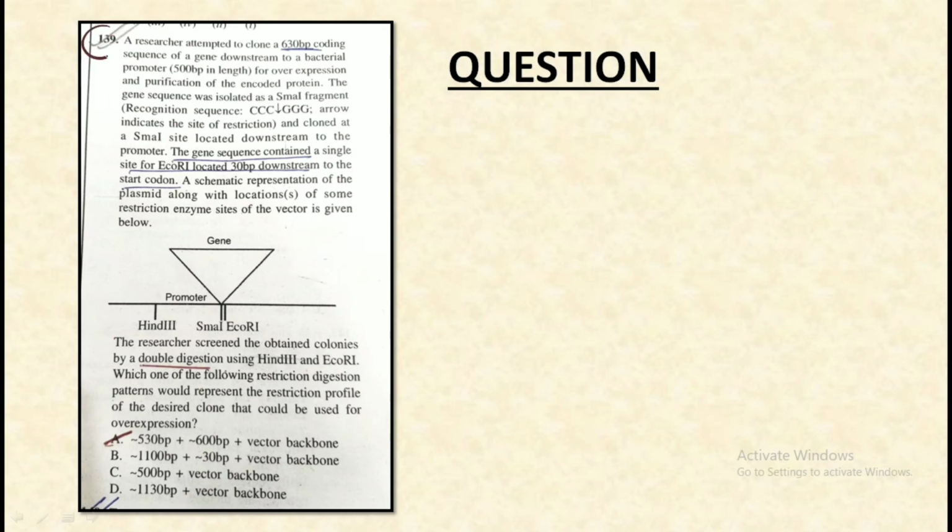The question says that a researcher attempted to clone a 630 base pair coding sequence of a gene downstream to a bacterial promoter which was 500 base pairs in length, for overexpression and purification of the encoded protein.